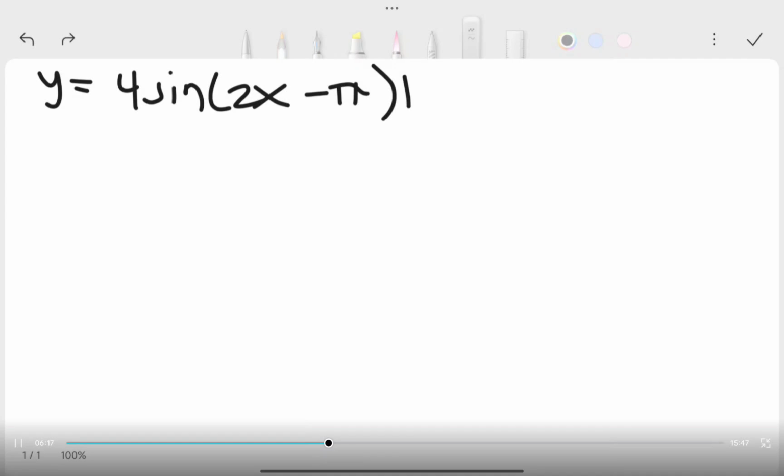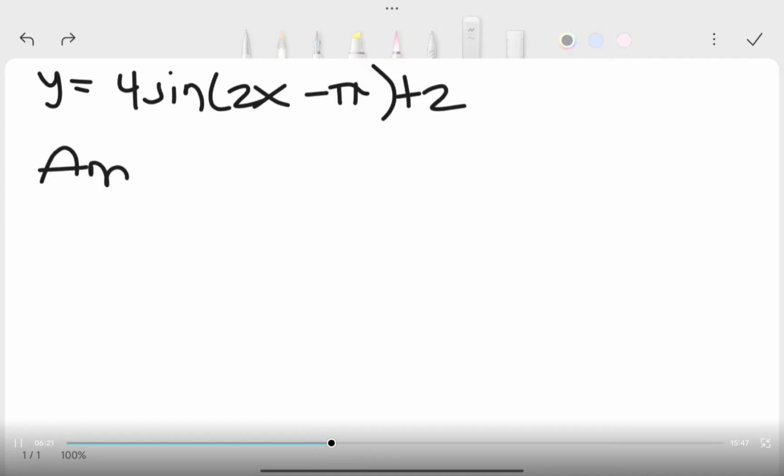Example number 1. Identify the amplitude, period, phase shift, vertical shift, and the x scale, then plot one full cycle. So our example number 1 is y is equal to 4 sin of the quantity 2x minus pi, plus 2.